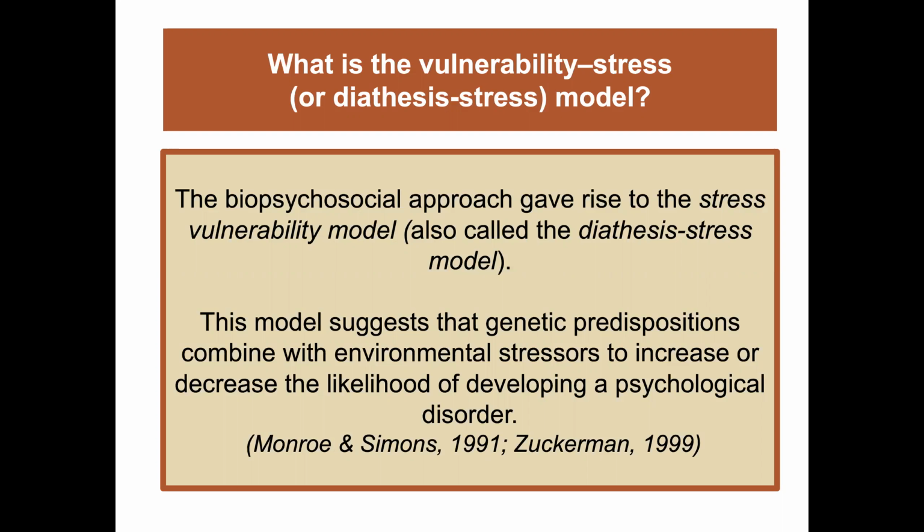And this model suggests that genetic predispositions, so who we are at a genetic level, what has been passed down to us through our genes, combine with our environmental stressors to increase the likelihood of developing a psychological disorder. So this is very much an interactionist kind of perspective, interaction between our nature and our nurture.